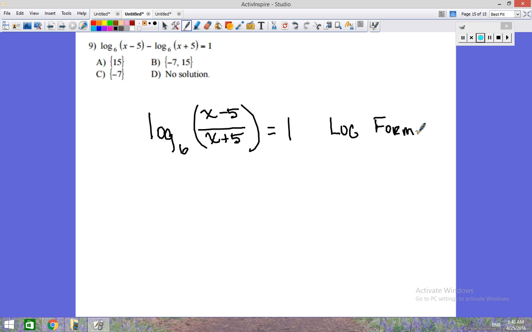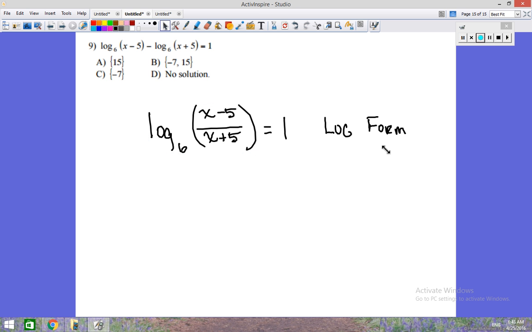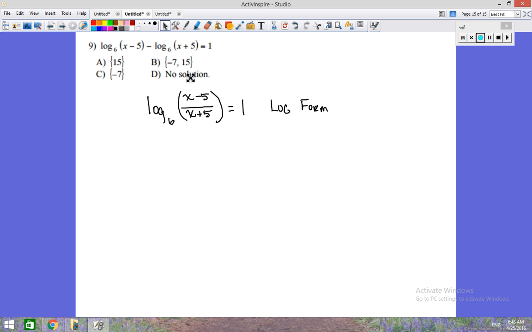We want to step by step get the variable by itself, and since this does not mean log times this expression, we don't have any way of manipulating this expression to get x singled out. But we can write it in a different form.